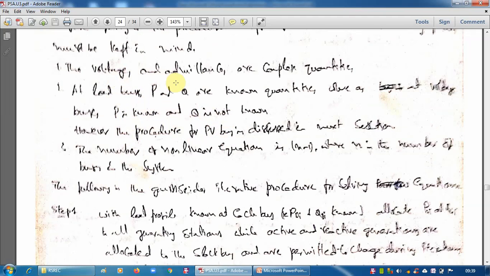Next, all the voltages and admittances, that means initial voltage and admittances, are to be substituted in the form of complex numbers.